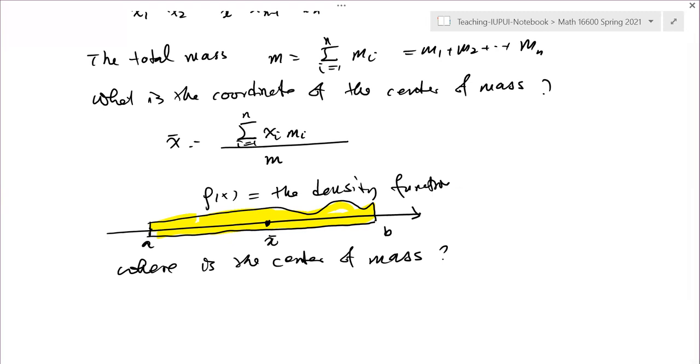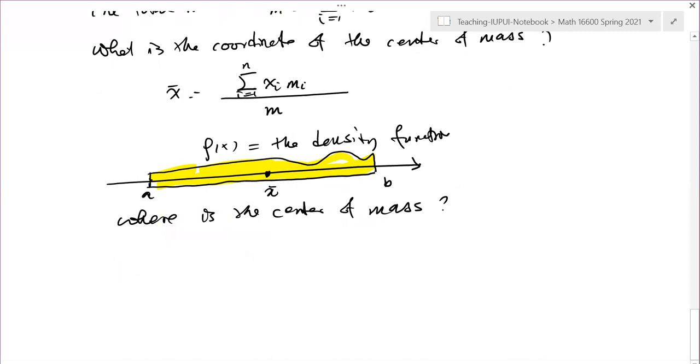But this is a density function. So we have to learn, we don't just memorize formulas. We need to learn how to use the calculus idea to find a formula, to set up a formula.